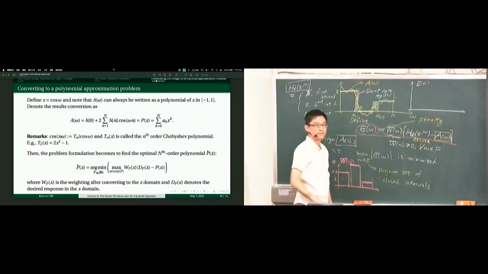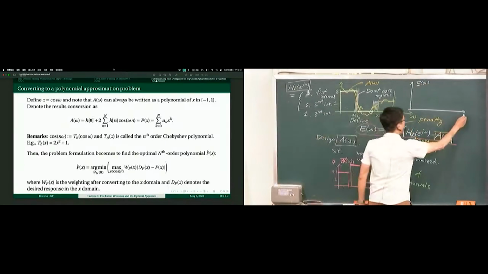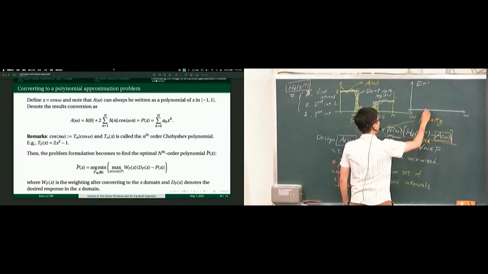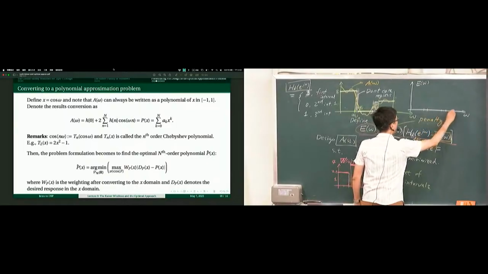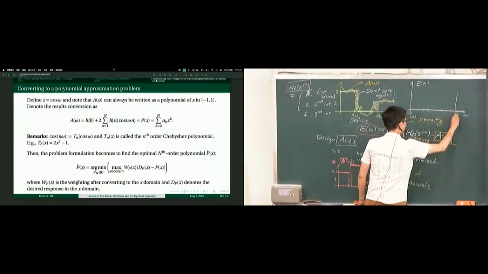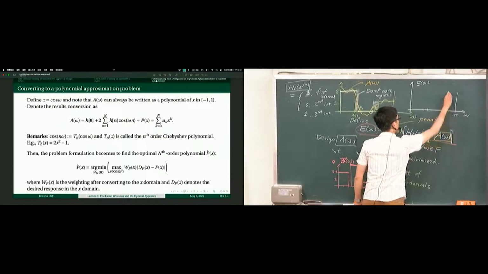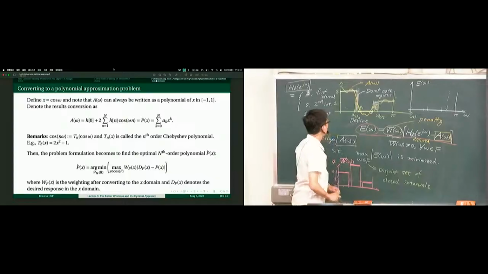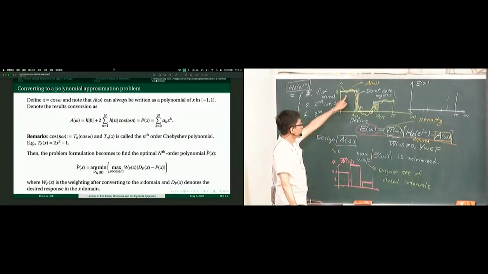Okay, shall we? To make a plot of E of omega, first of all, we have the passband, the stop band, and the high passband, like that. Okay. Passband, stop band.